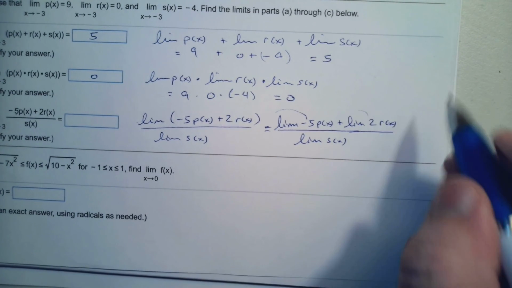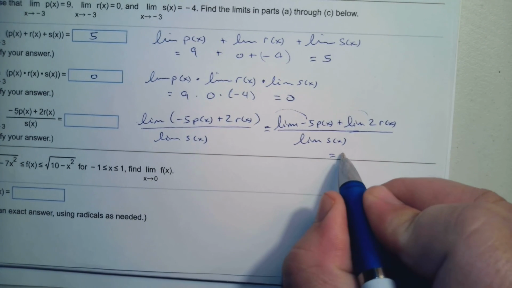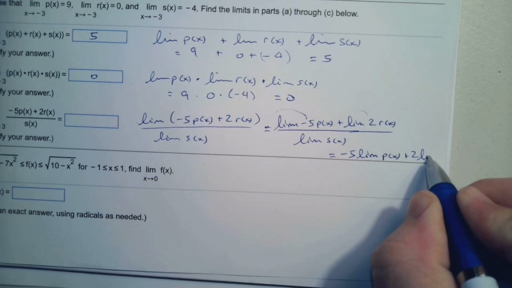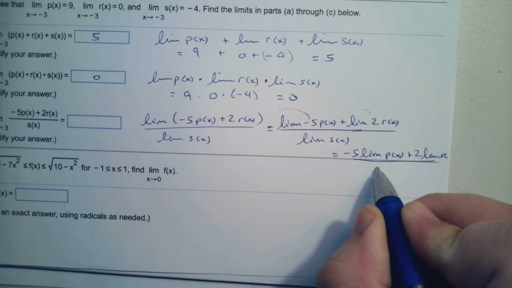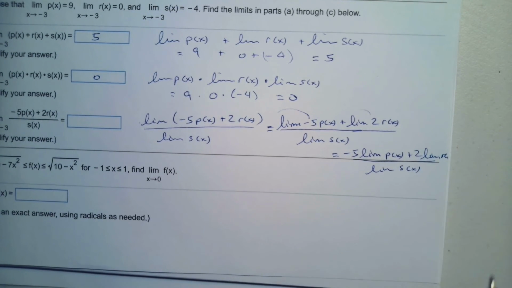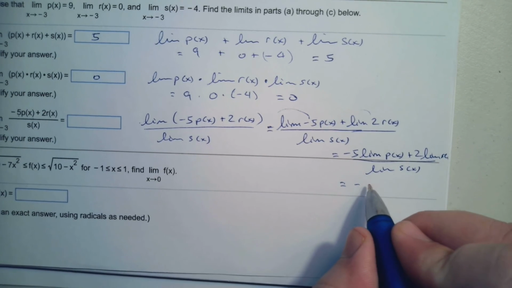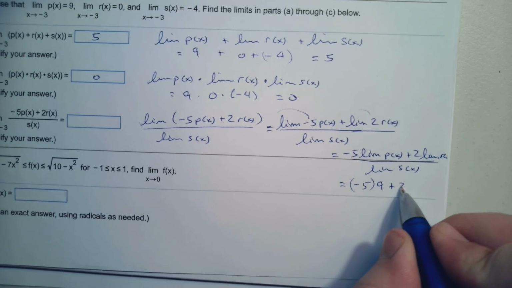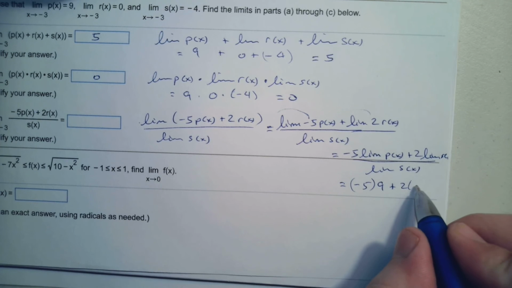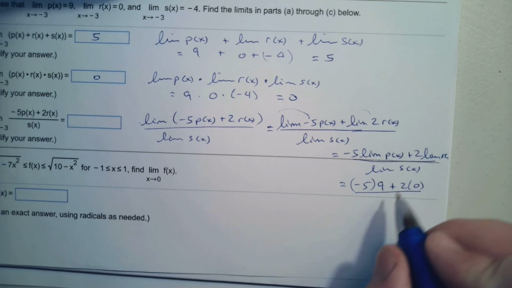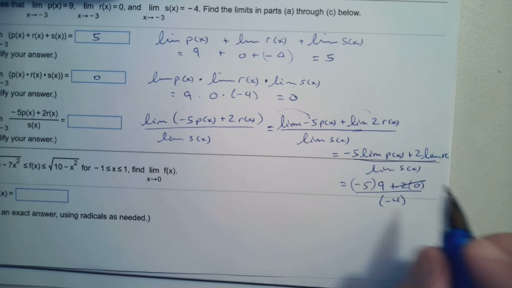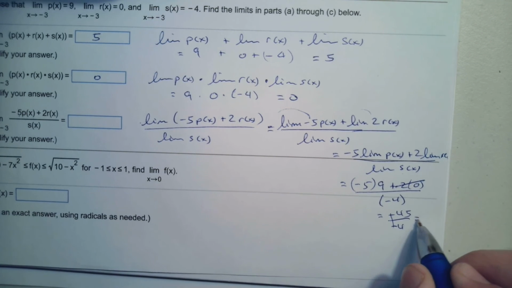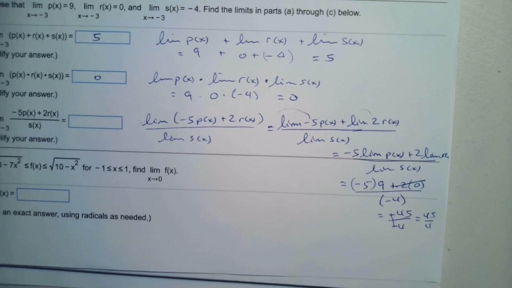The constant multiples go out in front: negative 5 limit p of x plus 2 limit r of x, all over limit of s of x. Limit p of x is 9. Limit of r of x is 0. And limit of s of x is negative 4. So that's gone. So we have negative 45 over negative 4. That cancels. 45 over 4.